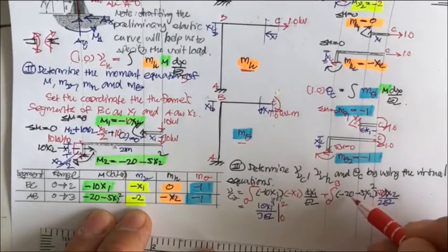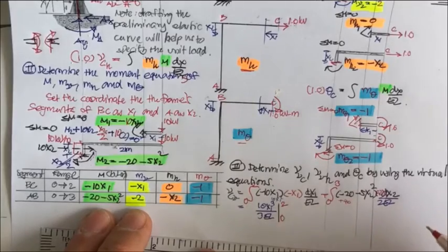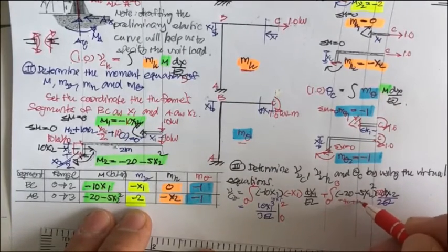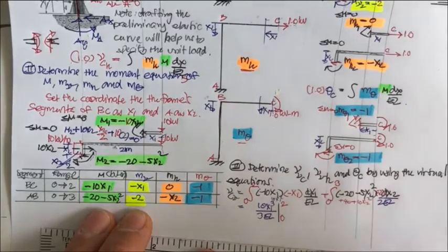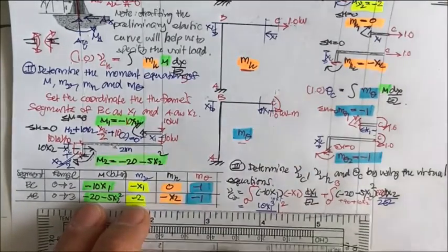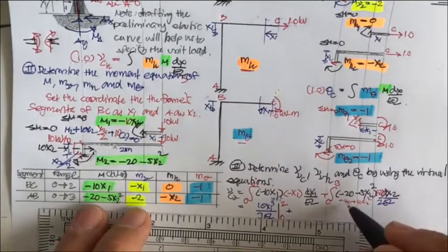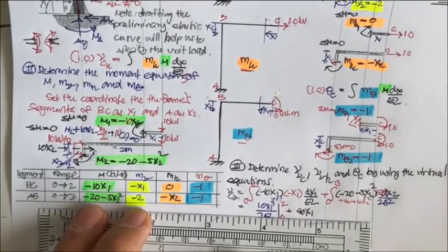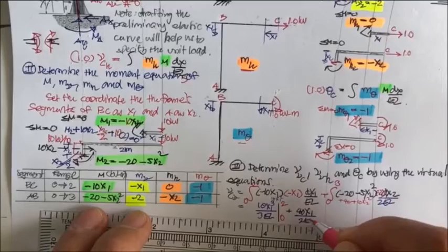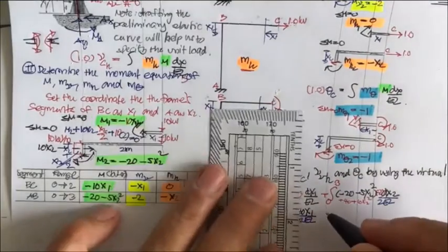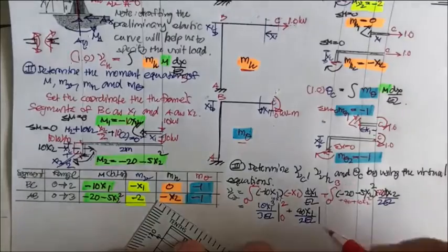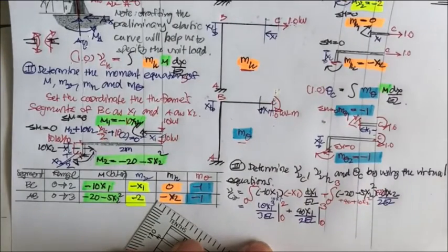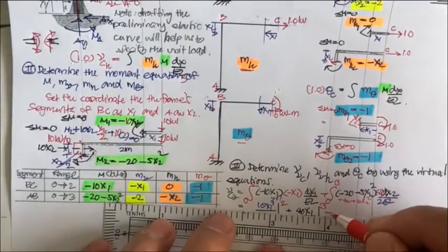So this is going to be plus 40 minus 2, this plus 10x2 square. Then you integrate 40 first, so plus 40 x1, and now you have to divide it by 2EI. And then you integrate it from 0 to 3.